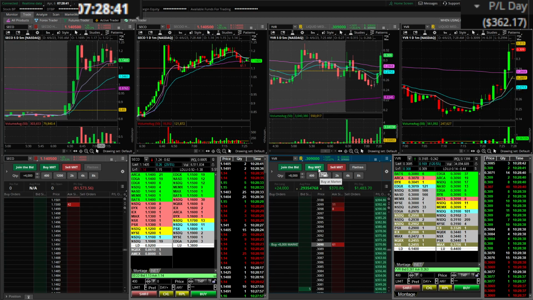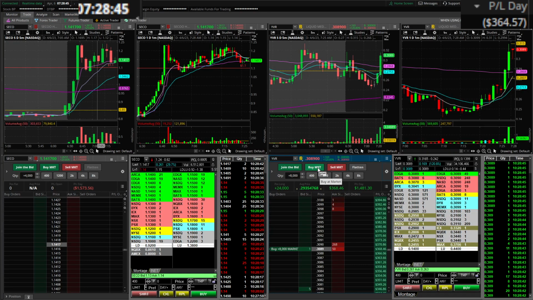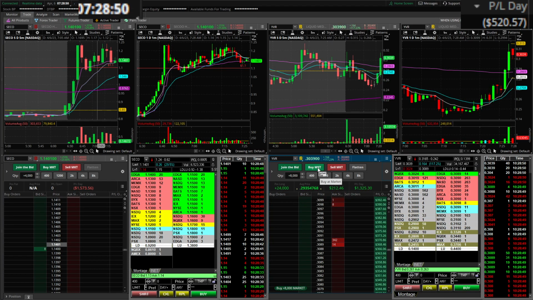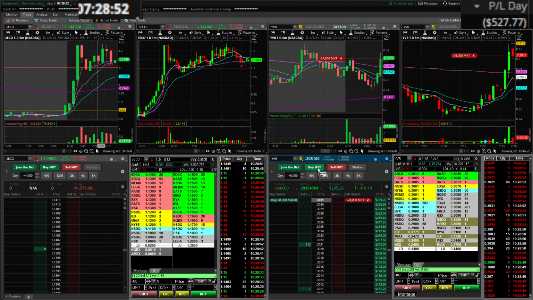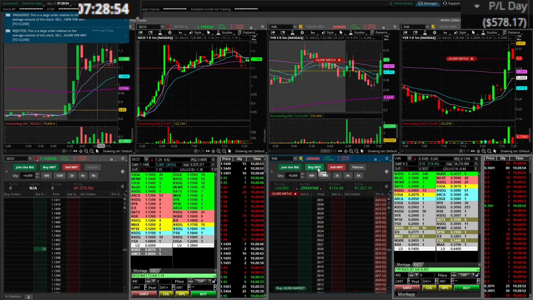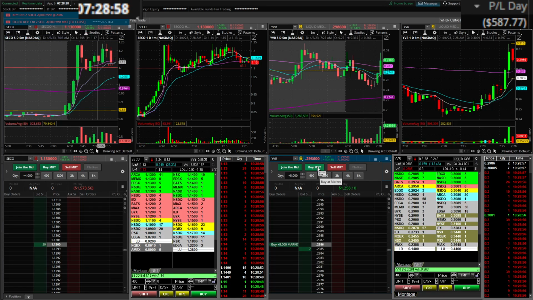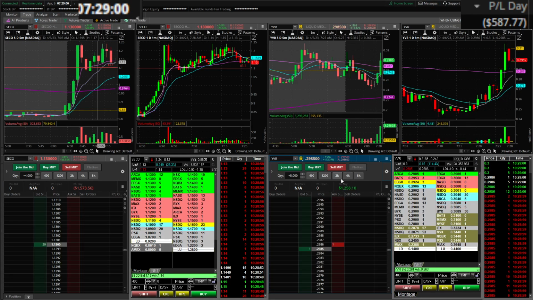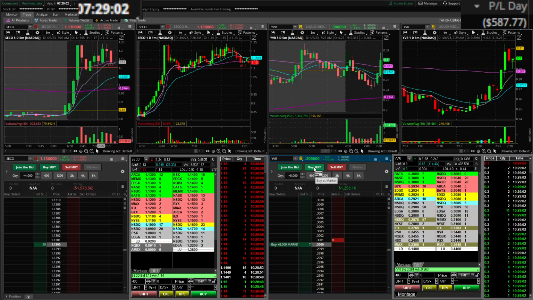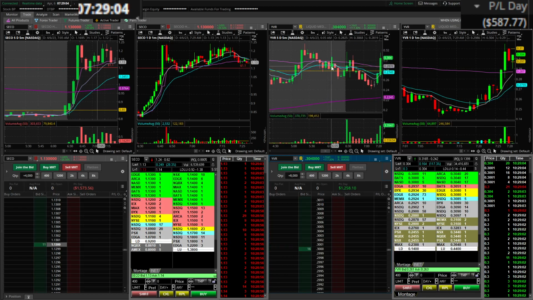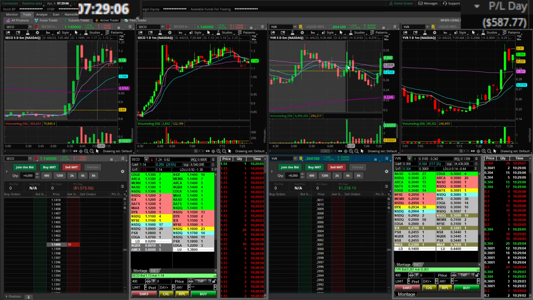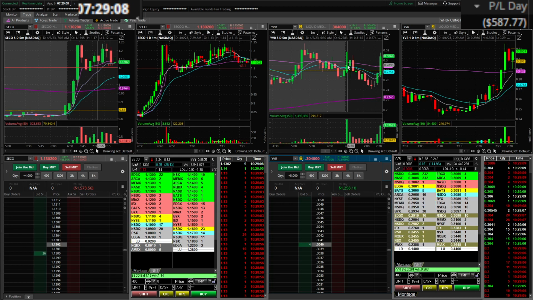Watching this break of 31. Taking the rest off at 30. Nice recovery trade there, break of VWAP up. Still red on the day though.